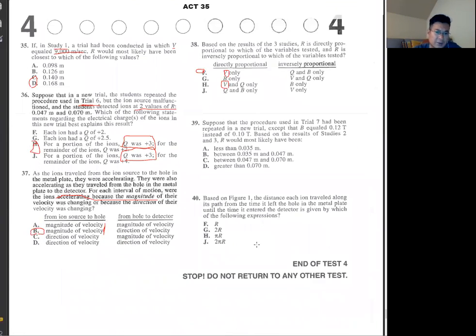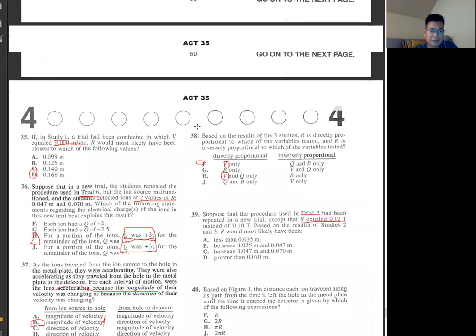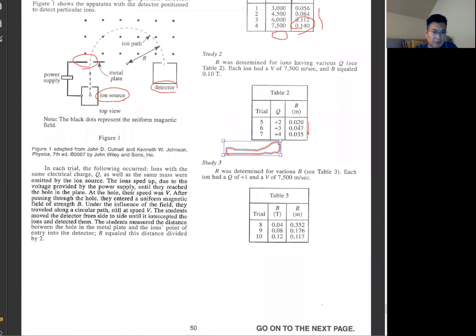And 39, suppose the procedure used in trial 7 was repeated in a new trial, except B equaled 1.12, and instead of this, the results of study 2 and 3 would most likely have been. So trial 7, which is here, Q is +4, and then R is 0.335.